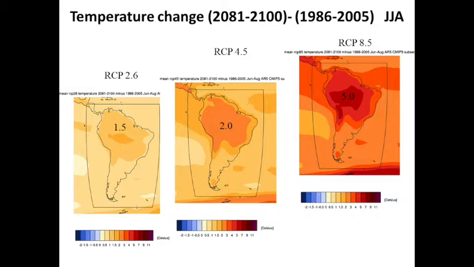Temperature will increase, and the precipitation in the northeast will reduce. The temperature will increase in all South America, and the precipitation, I don't know in other countries, but in Brazil the northeast will reduce and the southeast will increase. Mm-hmm. Yeah, that's right.